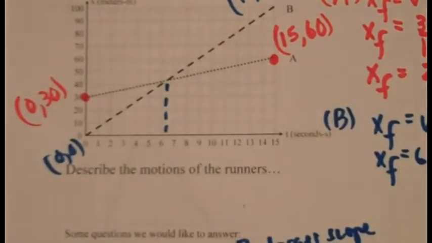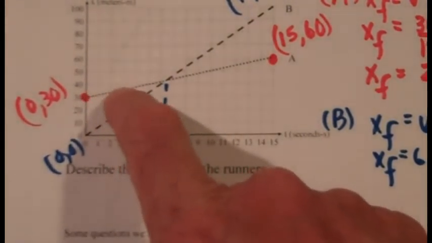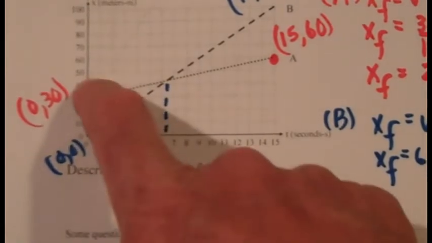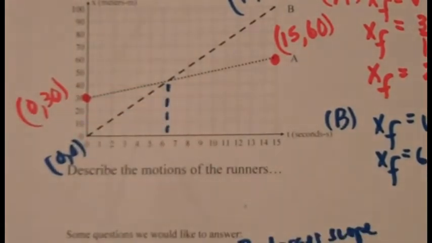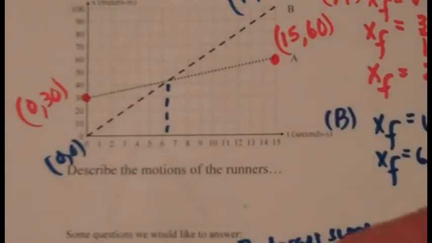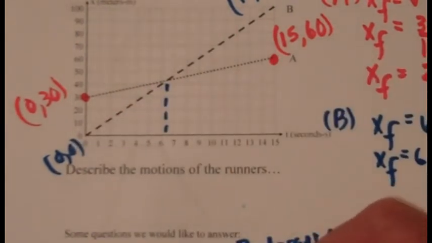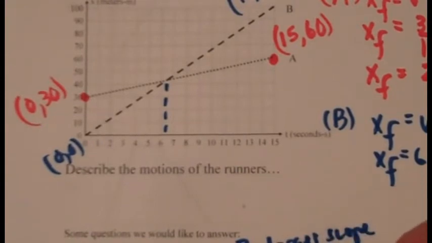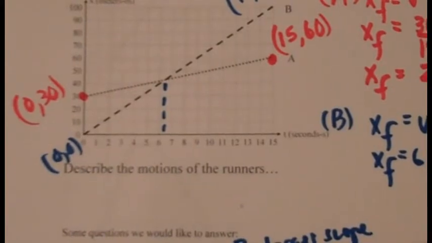So we have to know how the race is defined. If the race is to 40 meters, runner A gets there first, even though B's traveling faster. So who wins the race? It depends on the length of the race, right? If the race ends in 15 seconds, whoever is furthest in 15 seconds, then B wins the race, right?